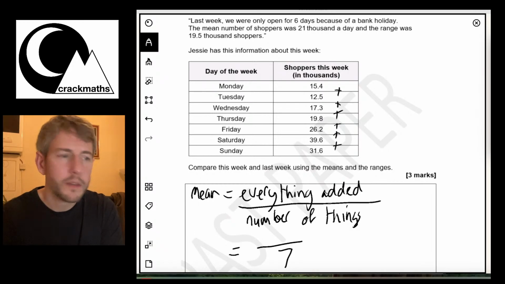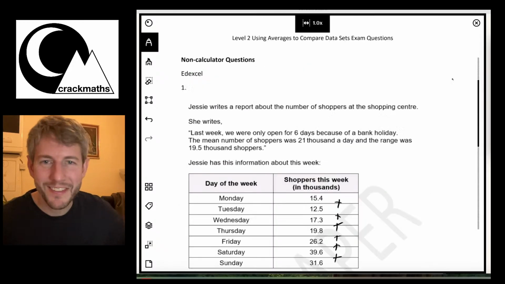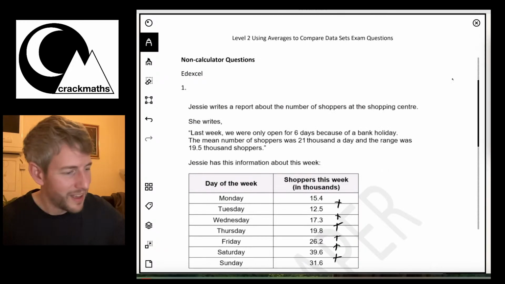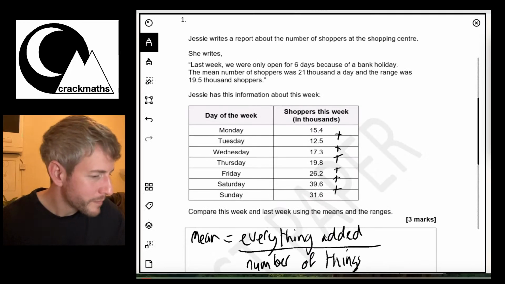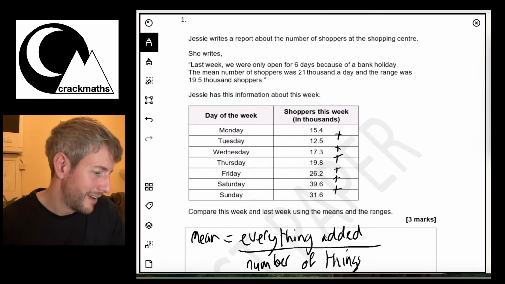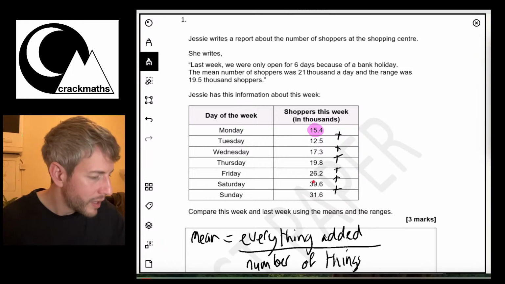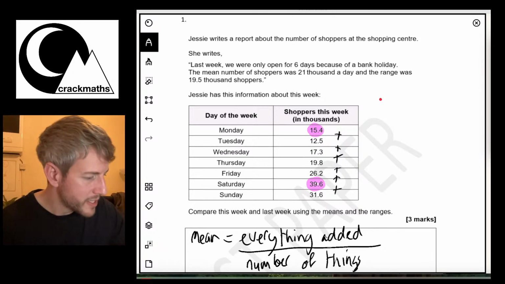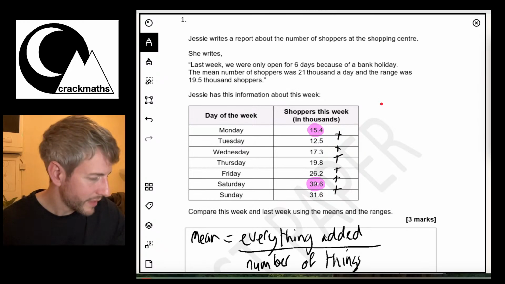Hold up, this is a non-calculator question. This is a bit mean. But I guess I'd best do it without a calculator, if that's what it's saying. Let's see if we can pair up any of these numbers to make it nice. So 15.4 and 39.6, I reckon they're going to be a nice pair because 4 and 6 add up to make 10.